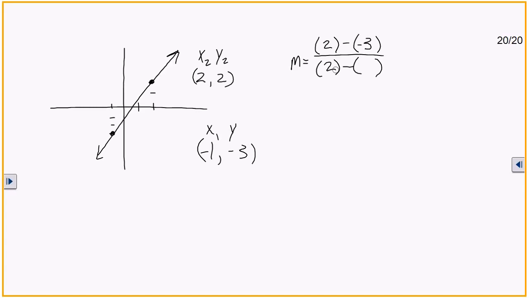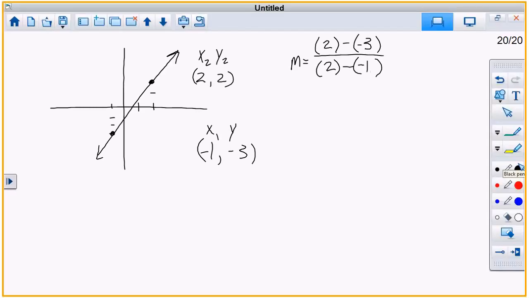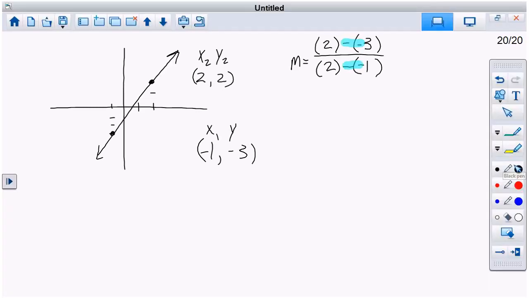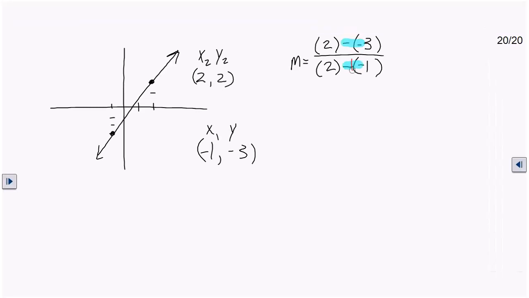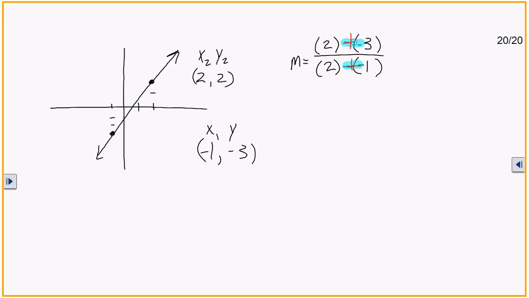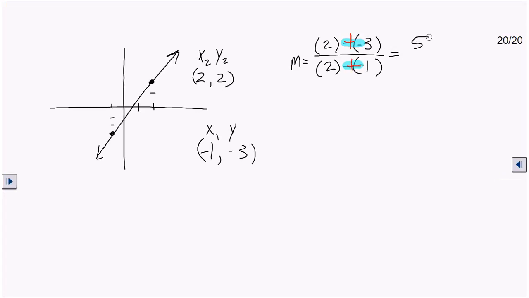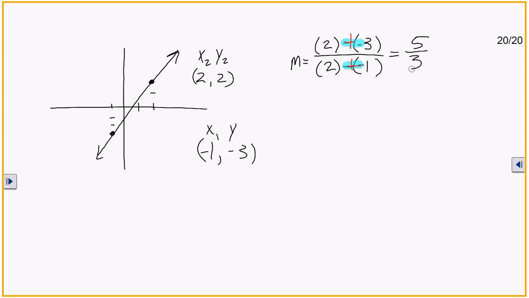X sub 1 is -1. Now remember, you got two negatives right here. So we'll take our handy dandy red marker, and that turns into a positive. That turns into a positive. So the slope of this line is 5/3. So you should be able to find that.